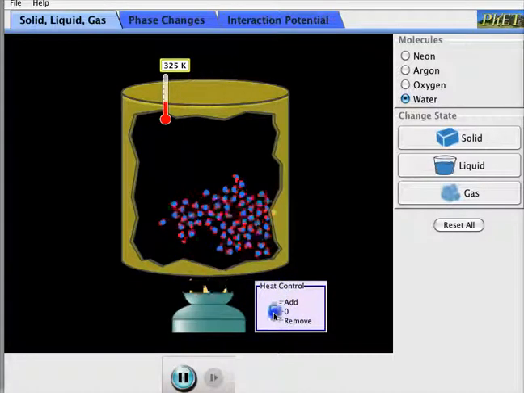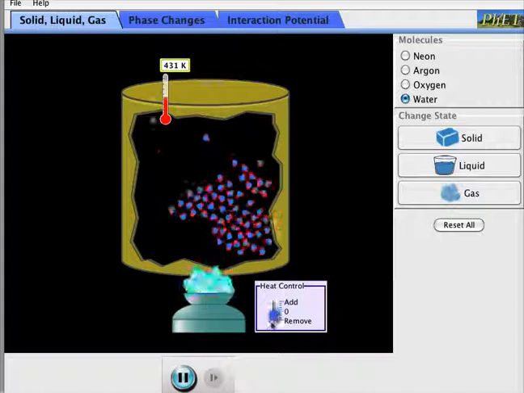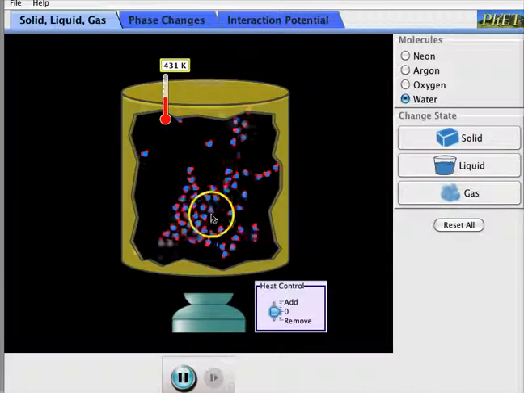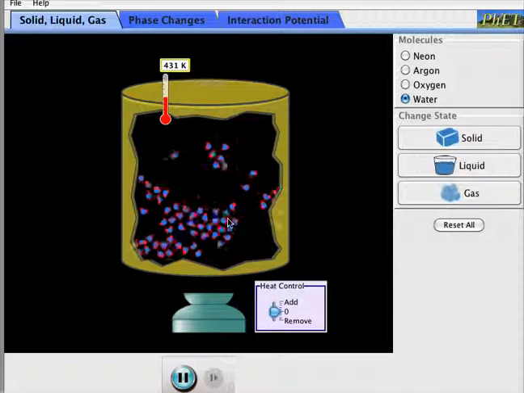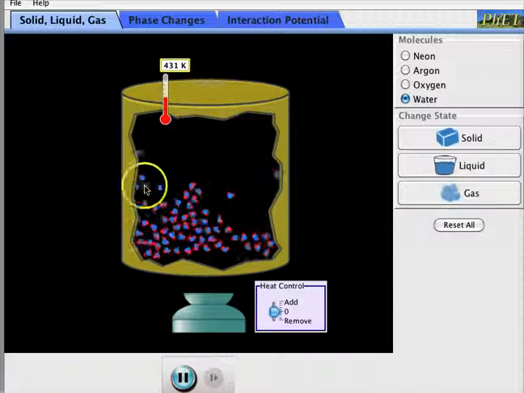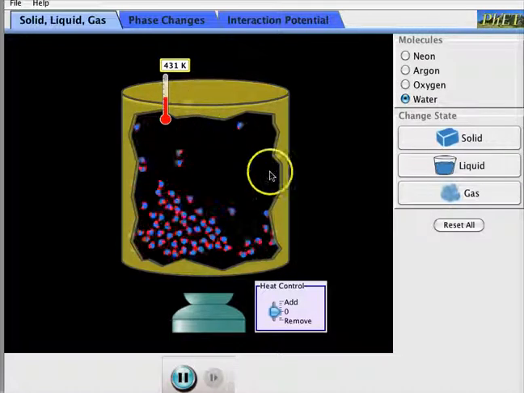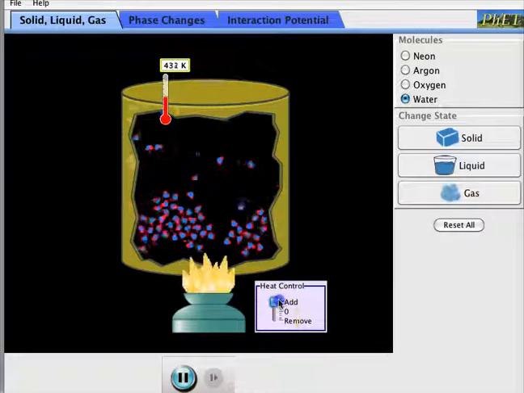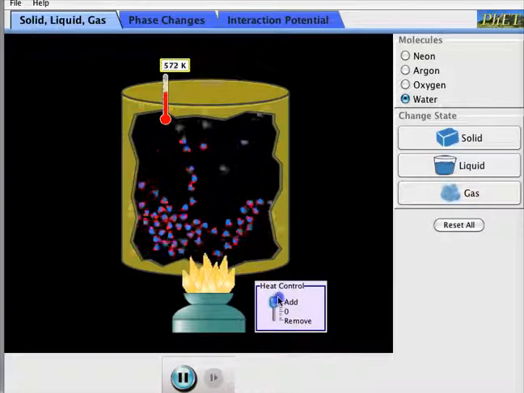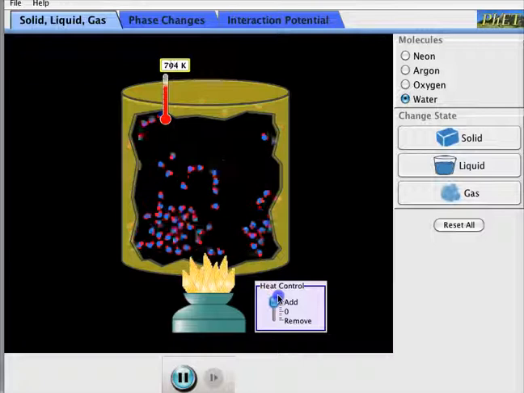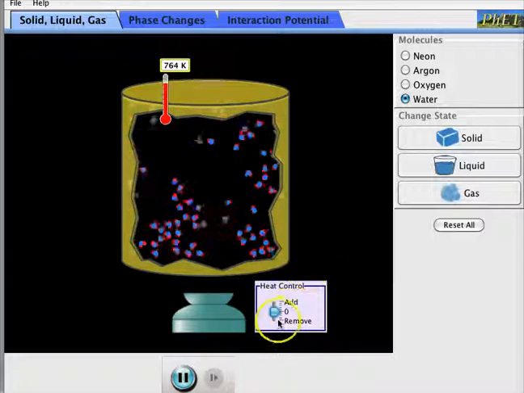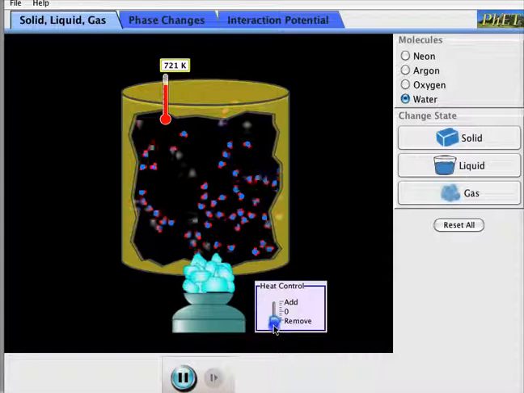Once we exceed a certain temperature, the particles become much more free to move around, and we can see some of the particles are bouncing around in the container. Some of the particles are still stuck together. If I continue to add more heat, we can see that more and more particles will be free to move wherever they want. I can remove the heat as well.